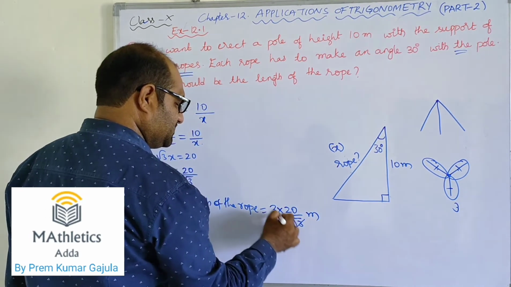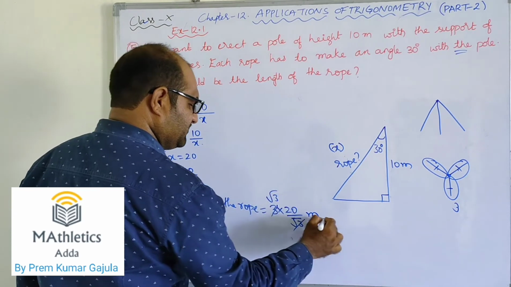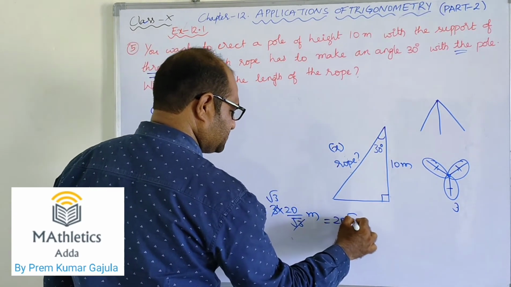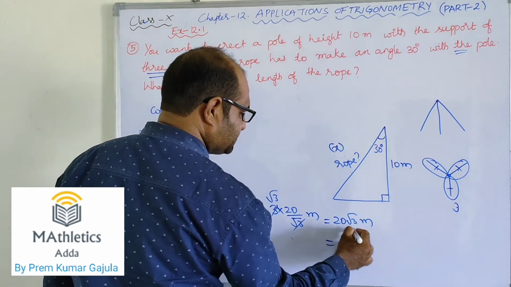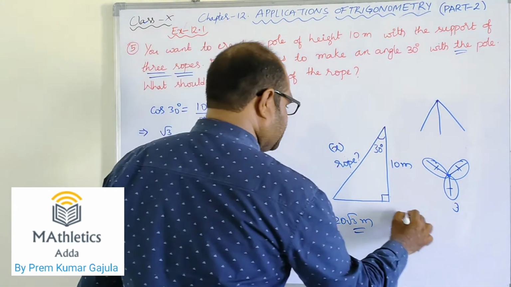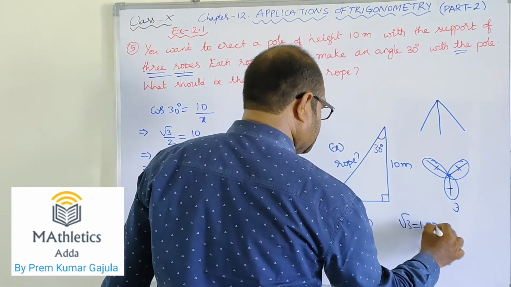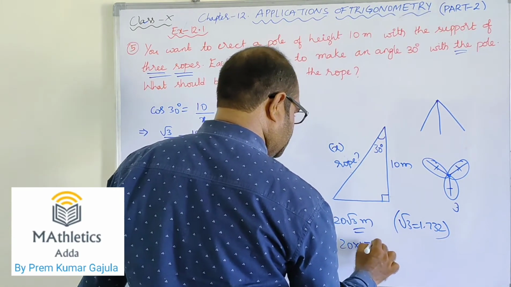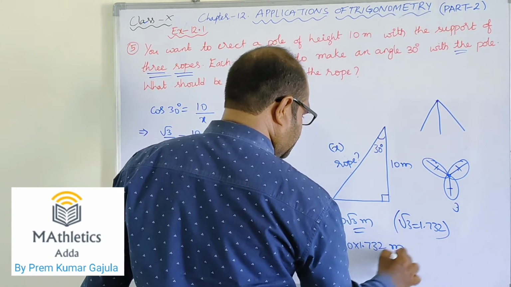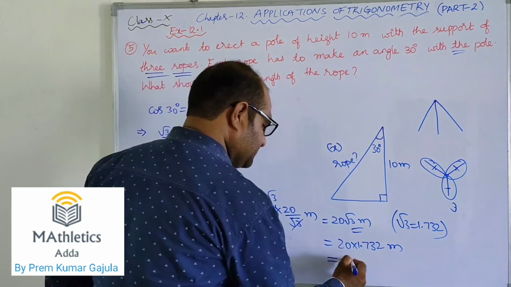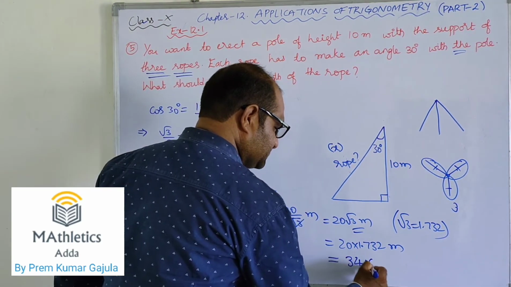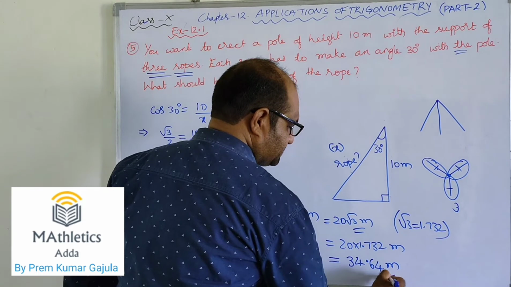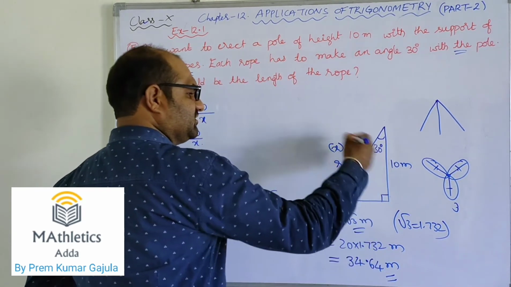If you cancel this root 3, you will get 20 root 3 meter. If you want to simplify further, you can take root 3 value as 1.732 and multiply it by 20. You will get the final answer as 34.64 meter, which is the required length of the rope.